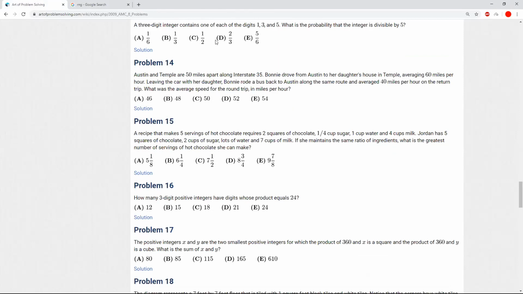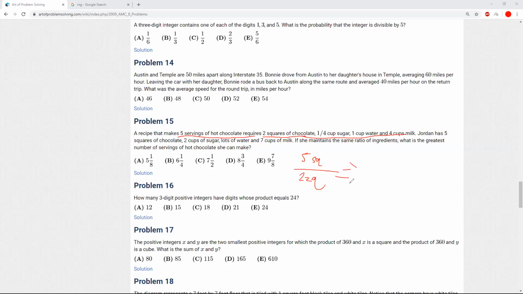Ooh, some fractions. A recipe that makes 5 servings of hot chocolate requires 2 squares of chocolate. So it just requires all these ingredients. Okay, so what's the greatest number of servings of hot chocolate they can make? So 5 squares of chocolate over 2 squares per 5 servings.